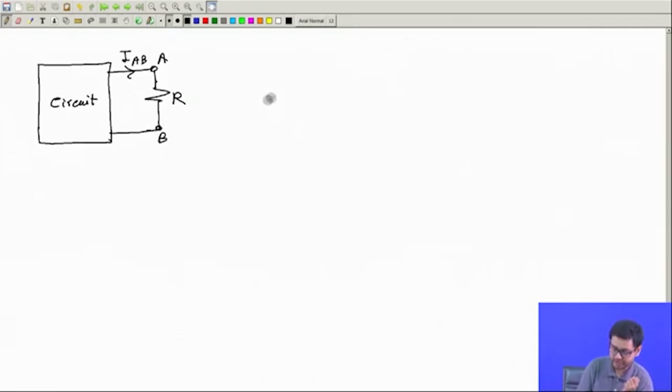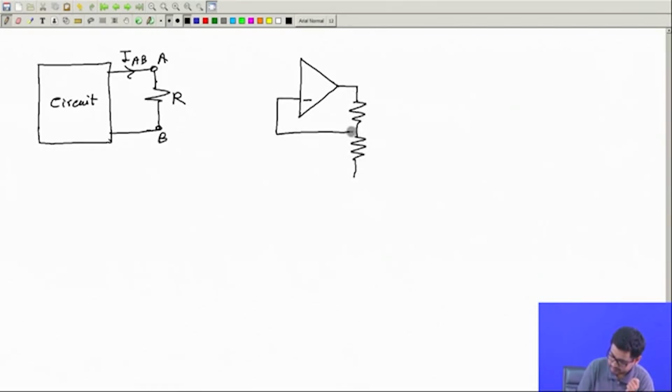Now this is one part of the circuit. Another part will have the amplifier. So let me draw an amplifier, whichever amplifier you like. I shall take a non-inverting amplifier. I like that. So this is a non-inverting amplifier. And suppose we want to measure the output voltage, so we put a voltmeter here.